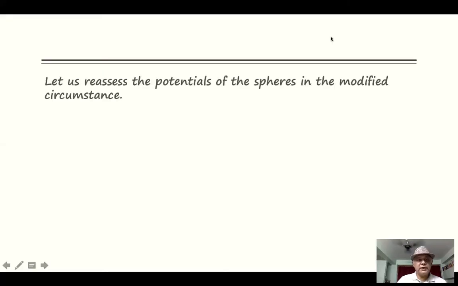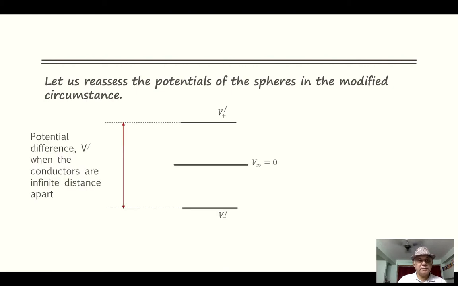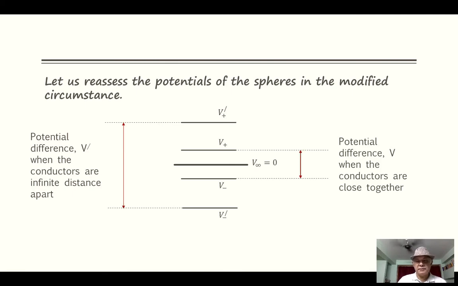Let us reassess the potentials of the spheres in a modified circumstance. The potential difference is V dash when the conductors are infinite distance apart. The potential difference is V when the conductors are close together.